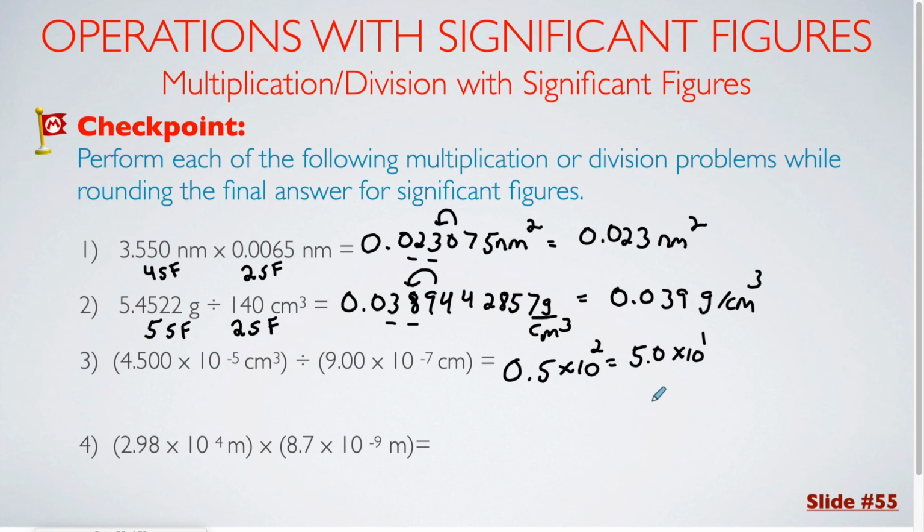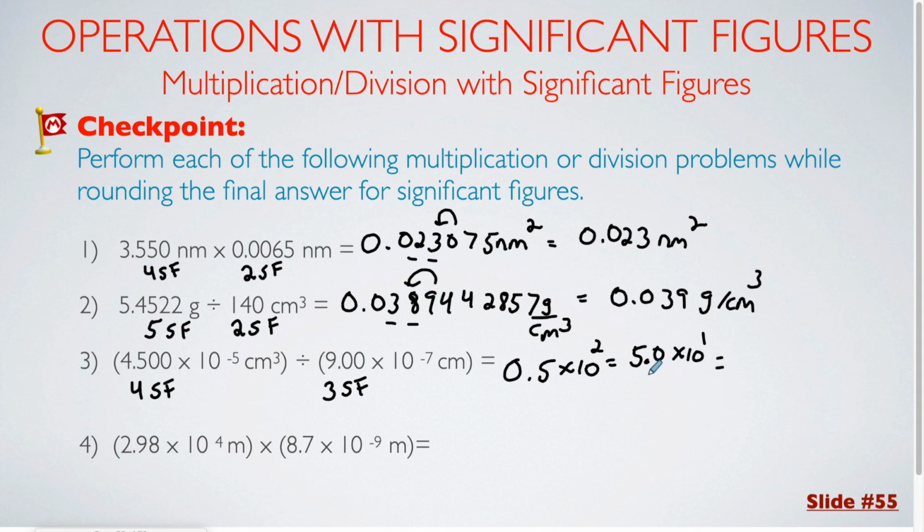And now we can finally deal with the significant figures part. Here, these are right end zeros with a decimal, so 4 significant figures. These are right end zeros with a decimal, so 3 significant figures. Right here, 5.0 does not have enough significant figures. It only has 2. So we haven't run into this problem yet.